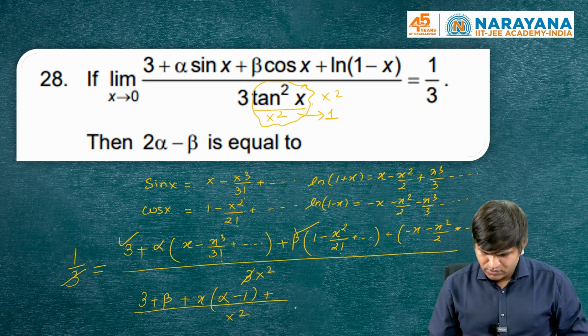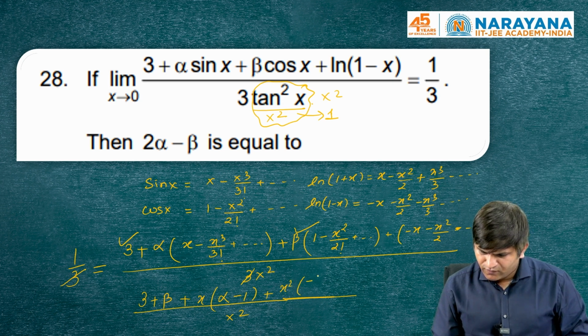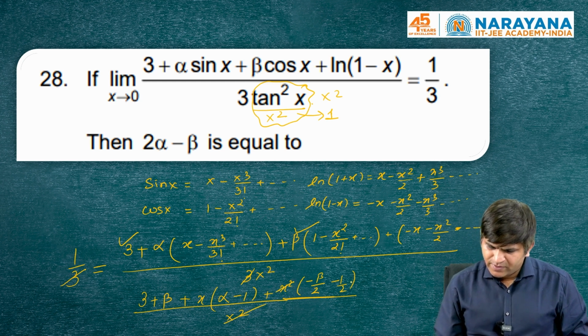And the x square term also we have to collect. So the x square term, from here we are getting minus beta by 2 and minus 1 by 2. Okay, so this will be the limiting value.